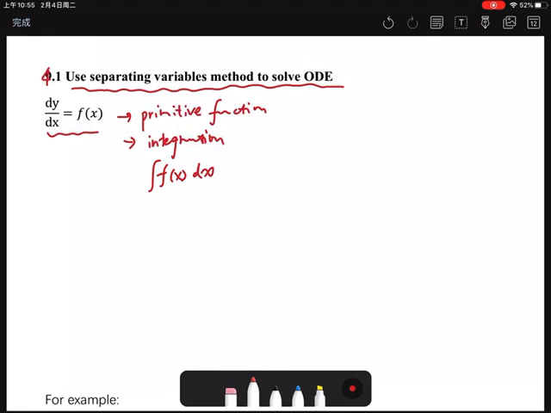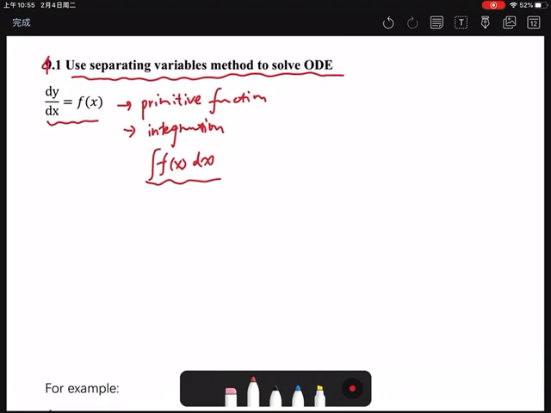So actually, how can we get this? Actually, we can do the operation like this. It is because dy by dx equals fx exists. This is exist.